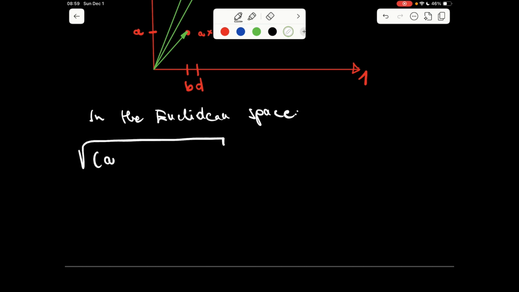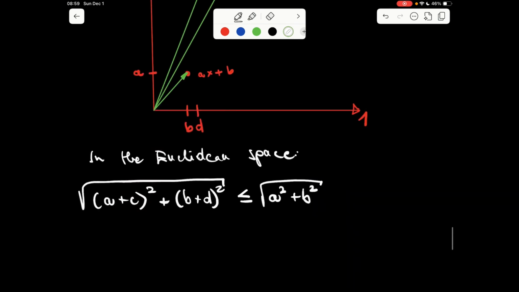So the length of the sum cannot be higher than the length of the components.